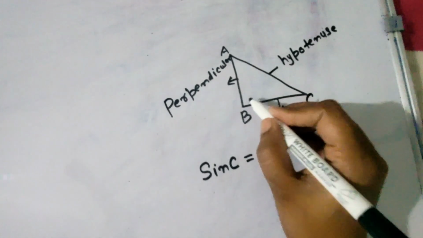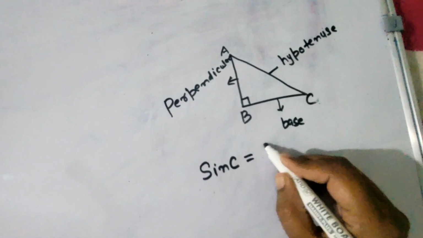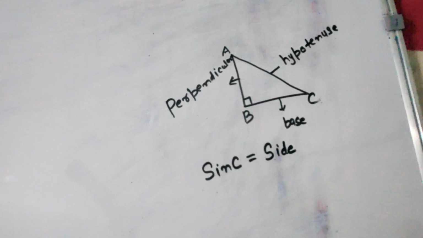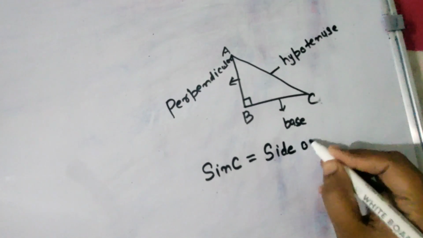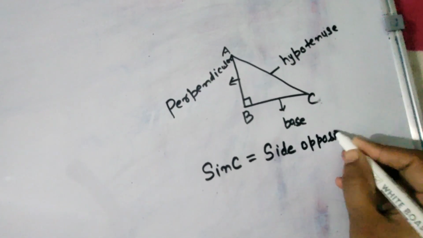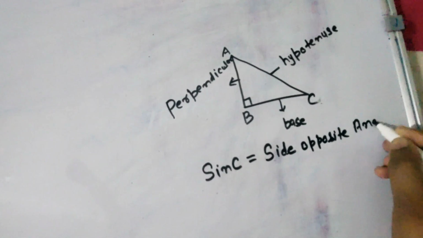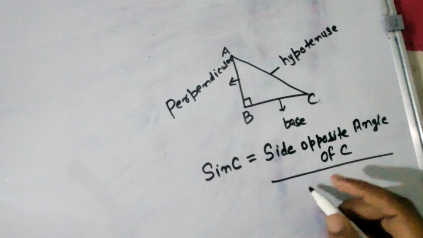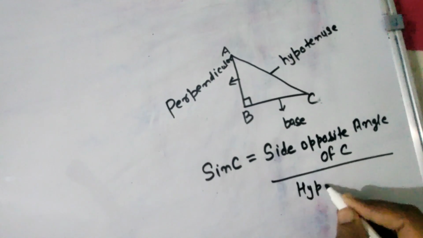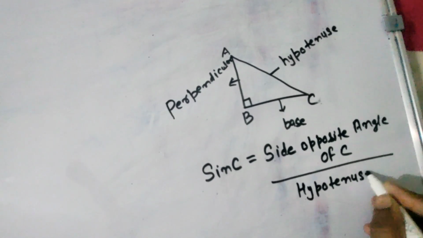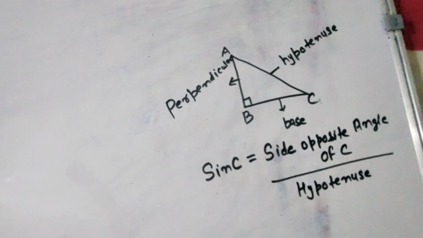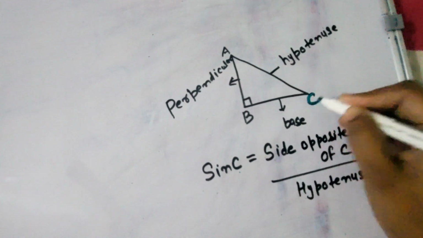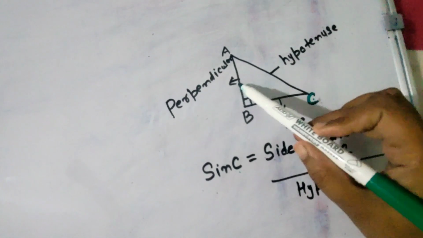The formula for sine is the ratio of the side opposite to the angle, divided by the hypotenuse. In the question, whichever angle you have to find, here it is angle C. You find the side opposite to angle C.